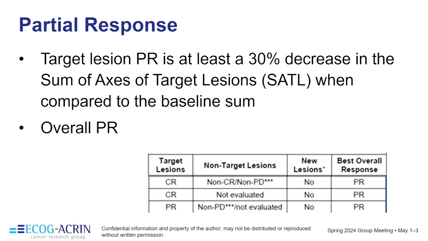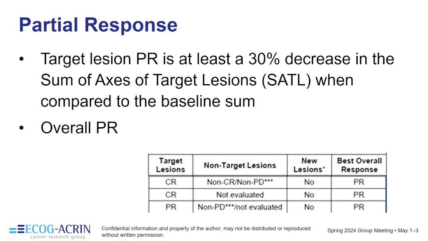Partial response, so the target lesion partial response is going to be at least a 30% decrease in the sum of axis of target lesions when compared to baseline. So for partial response, we're comparing our new sum to the baseline.